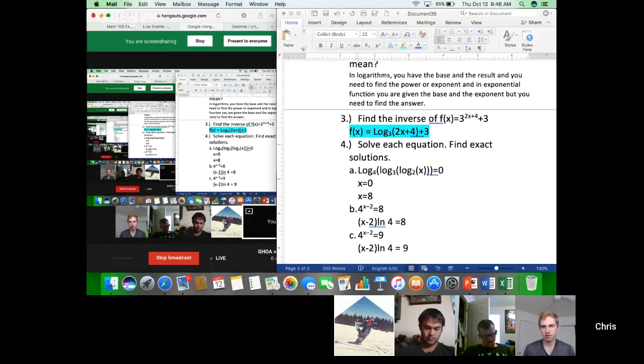With logarithms, I know she doesn't want us to use a graphing calculator, but are we allowed to start graphing these so we can know what to do? I do not know.